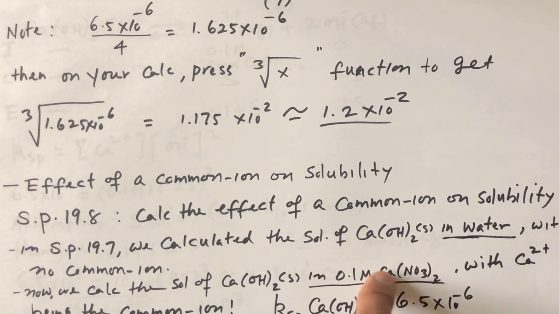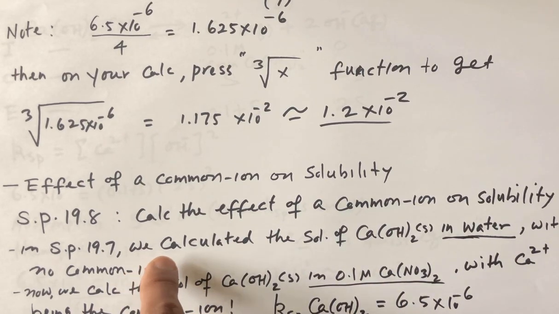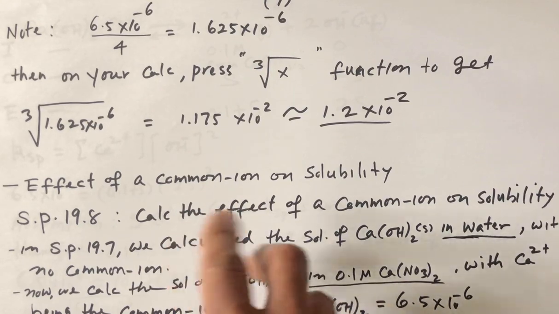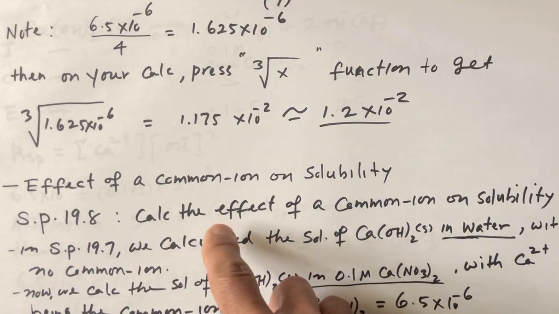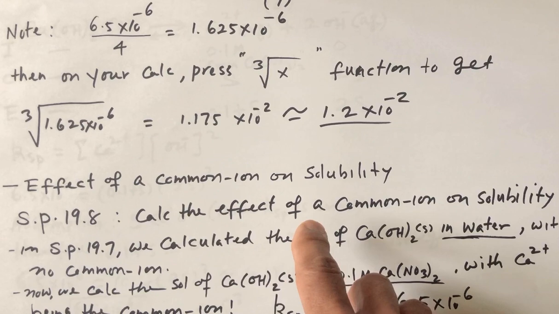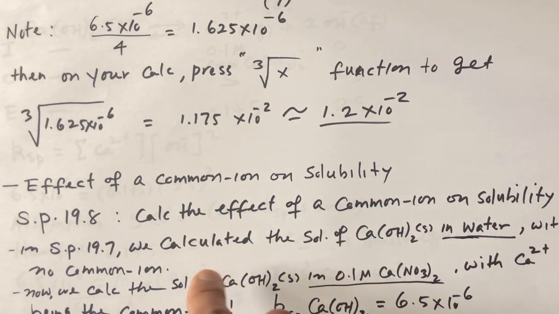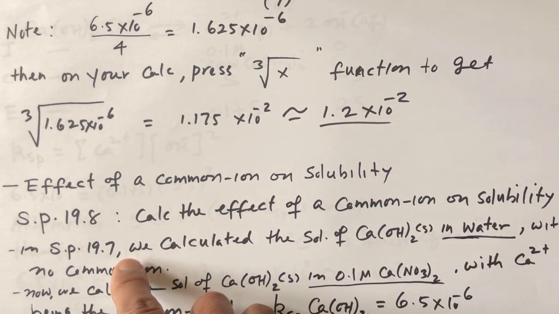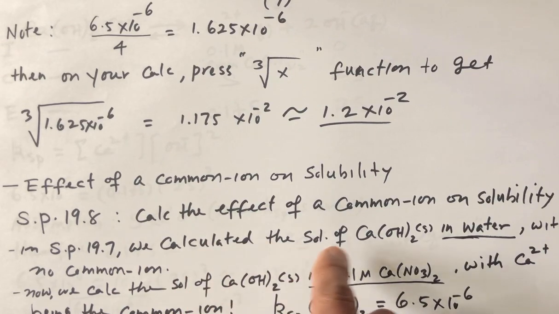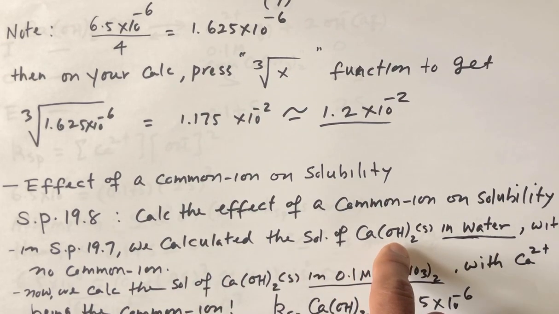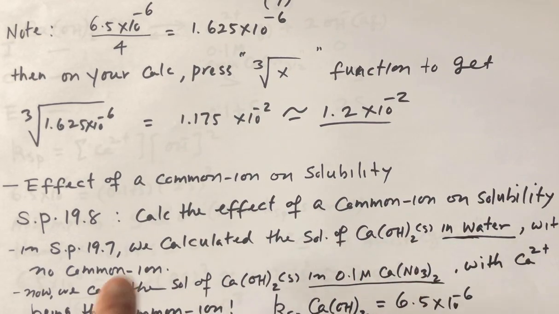So let me just go back and read the information one more time. In sample problem 19.7, we calculated the solubility of calcium hydroxide in water with no common ion. Now we want to calculate the solubility of the same thing, calcium hydroxide, in 0.1 molar calcium nitrate as opposed to water.